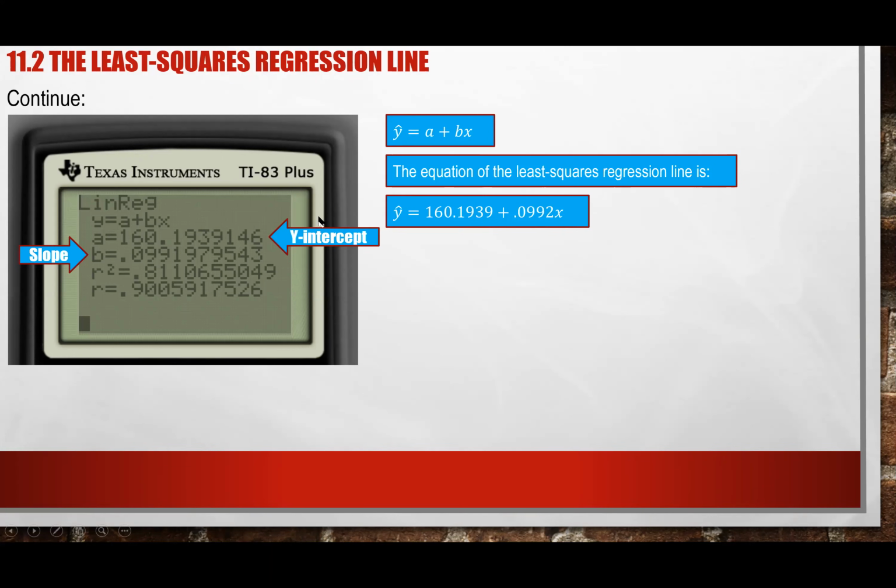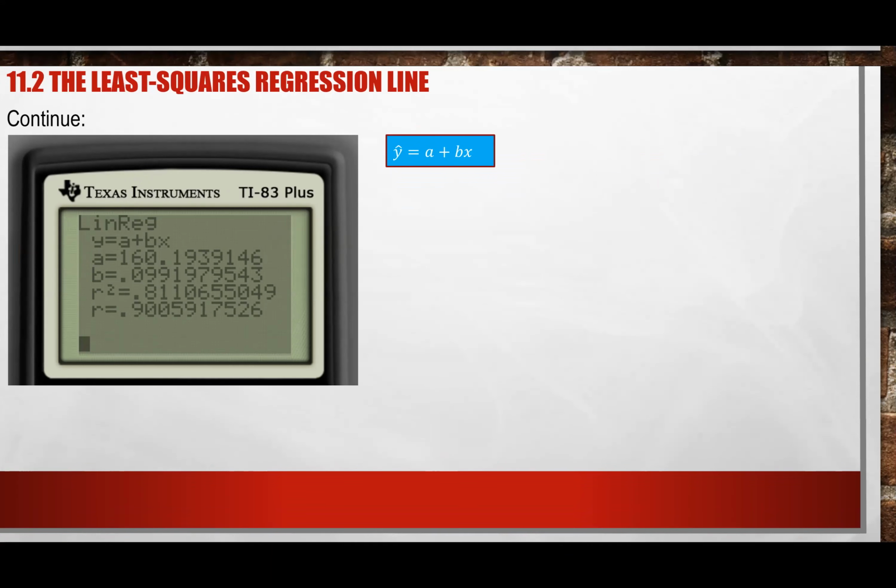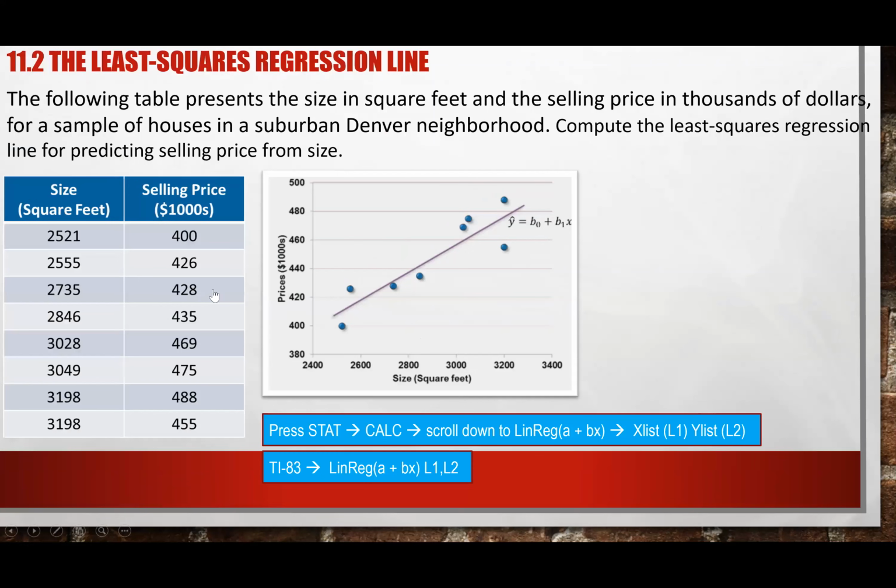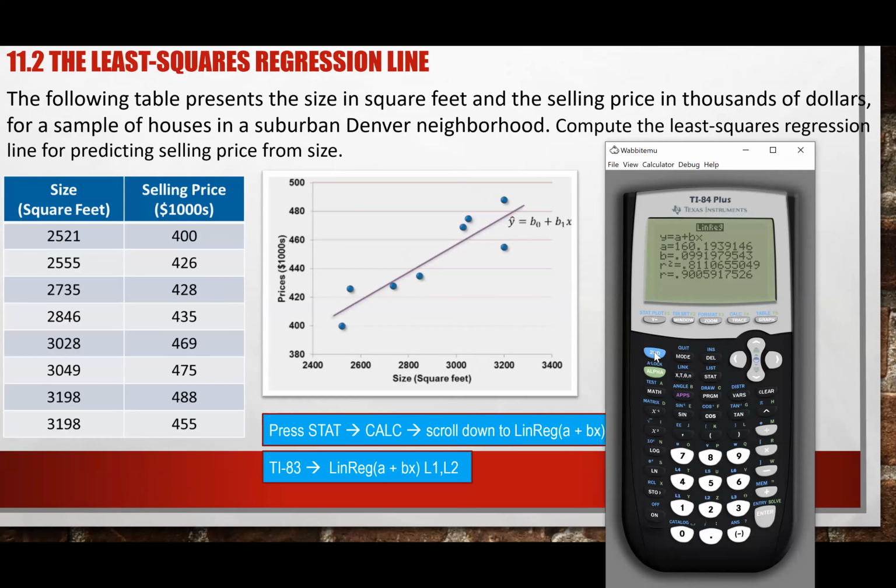If you need to type L1 and L2 in, you have to hit second number 1, which is the blue item, and then comma, then second number 2 for L2. The comma is right here. So that's how you type in L1 and L2 in your calculator.